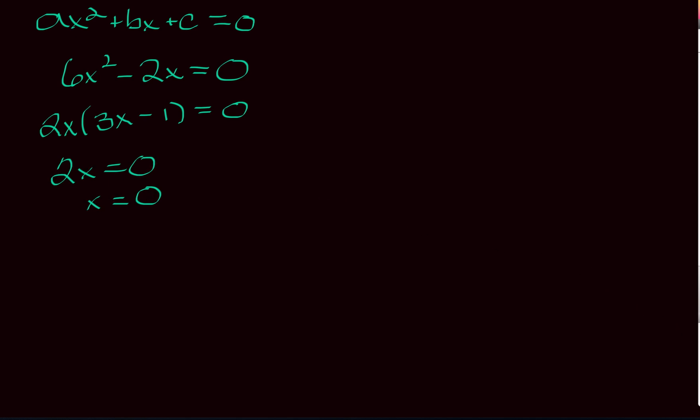Well, let's talk about this other one. This is the other part that we had to do something for. What if we set this equal to 0? 3x minus 1 equals 0. First step is add 1 to both sides. That goes away.